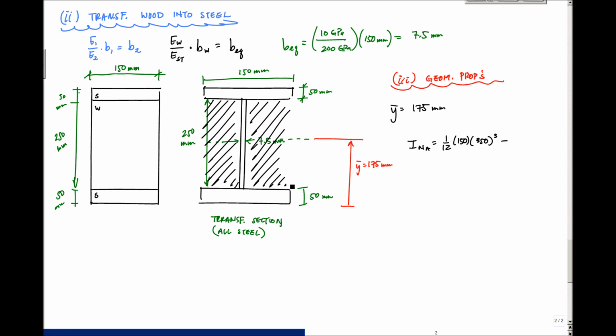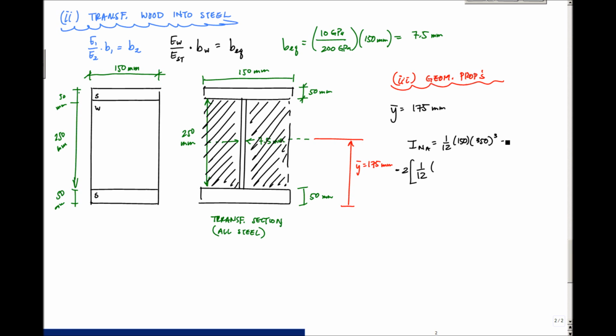And the reason I can just do the subtracting of the holes is because the centroid of this large rectangle and the centroid of these holes are in the same location. So I have this minus 1/12 times 2, because there are 2 of these holes. Minus, this is a minus sign continuing from over here.